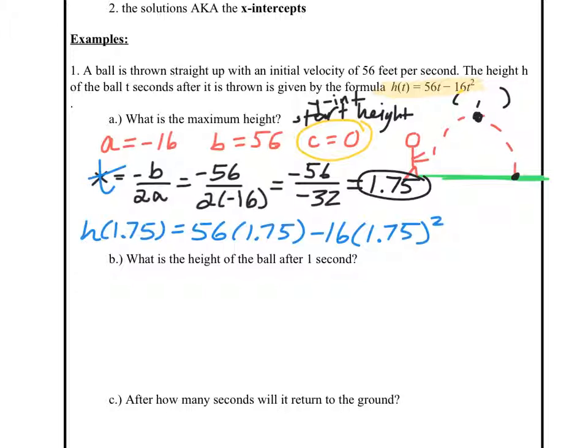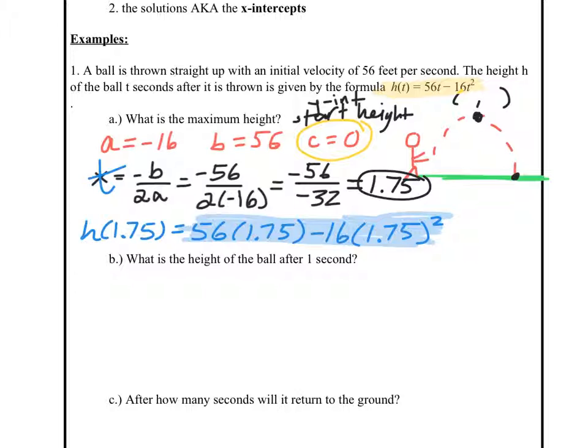So take what you see typed here. I'm going to highlight it. It'll be this part. You need to type that in your calculator exactly as you see it. You have replaced t with 1.75. You've got to figure out what the y value is, your maximum.